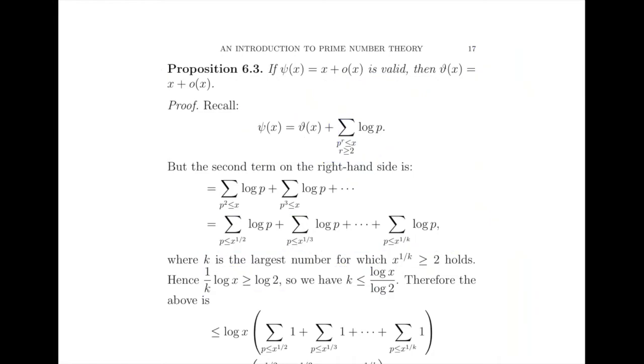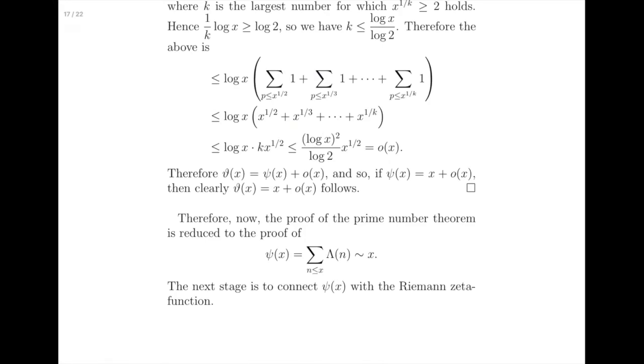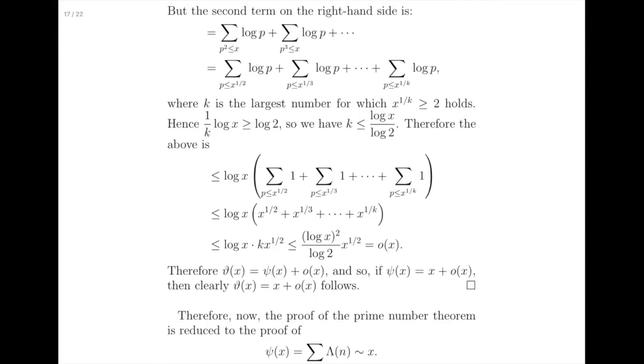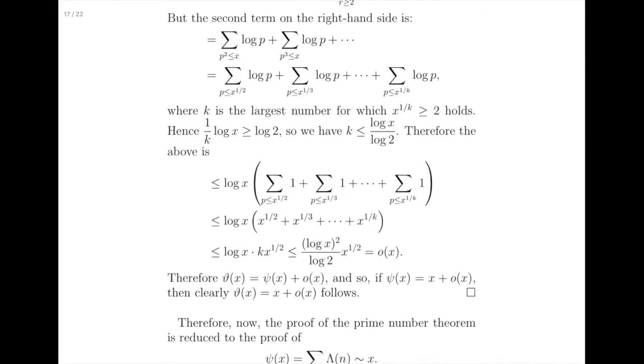So therefore, what happens? The above is log x times this one. This sum is all log p is less than log x.